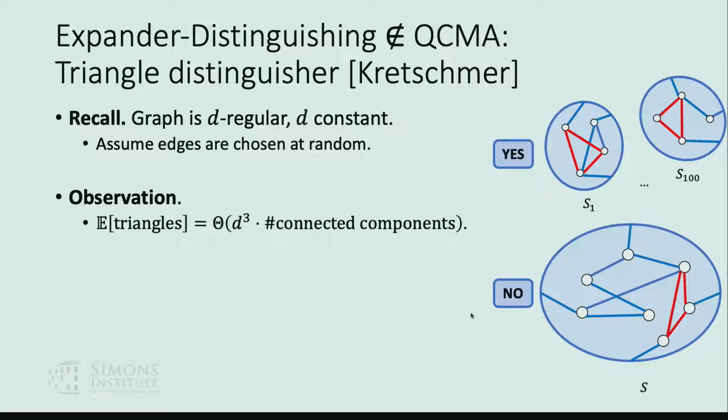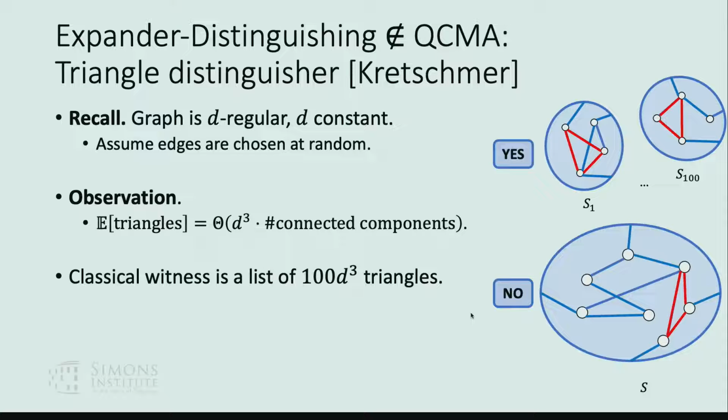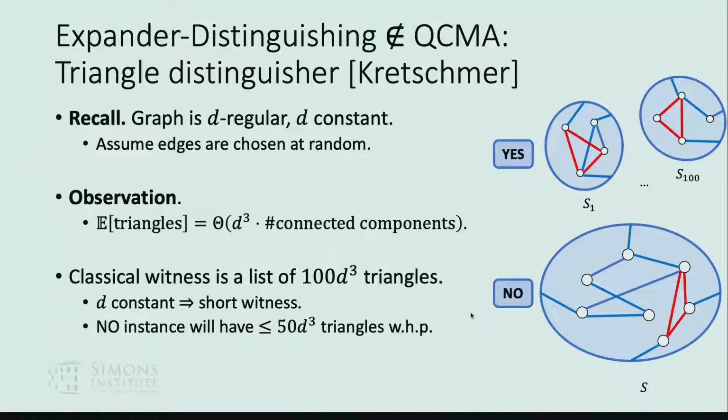Here you only have one. So the number of triangles you expect to see here is 100 d cubed. Here it is just d cubed. And d is constant, so here you expect to see, I don't know, 1,000. Here only 10. So the witness could be just a list of triangles. It's a short one. And a no instance will have less than 50 d cubed because the expectation is much lower.